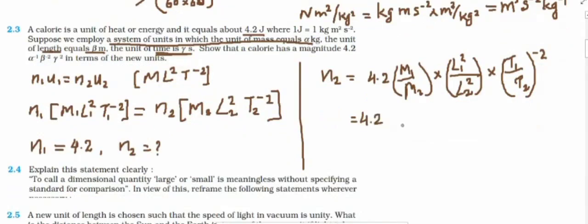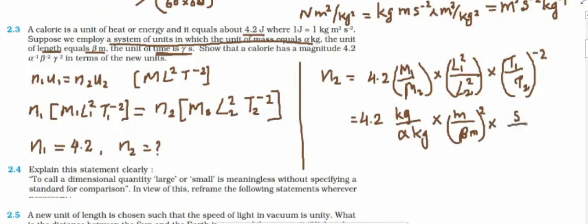That is equal to 4.2 into M1, which is kilogram, while M2 is alpha kilogram according to the question, into L1 is meter, L2 is beta meter, power 2, into T1 is second and T2 is gamma second, raised to minus 2.